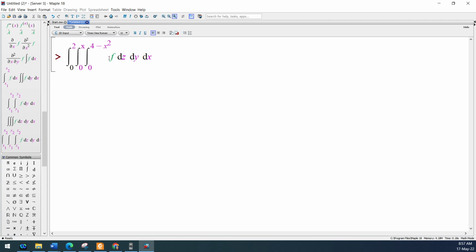The integrand here is x multiply y multiply z. For multiplication, you must press that star there. So dz dy dx. Then you just enter. Directly you can obtain the answer 8/3. And then you may ask Mapper to do it step by step. Hopefully you can get it.